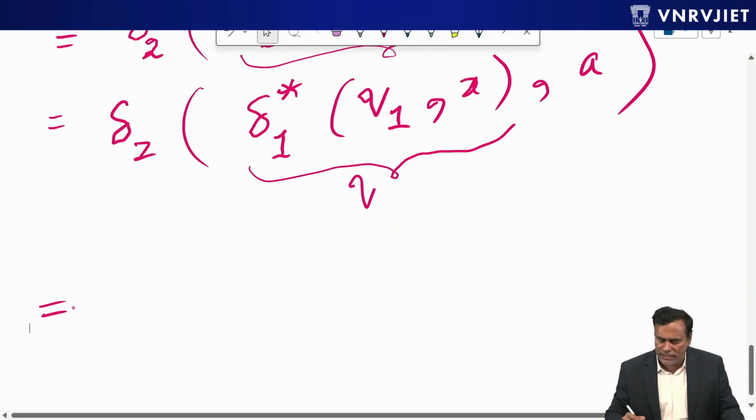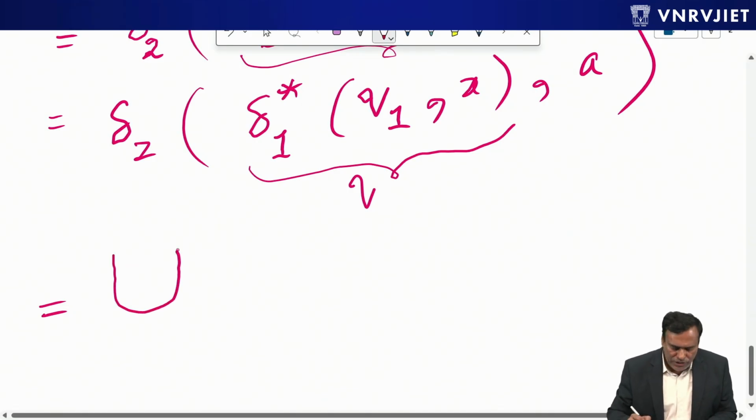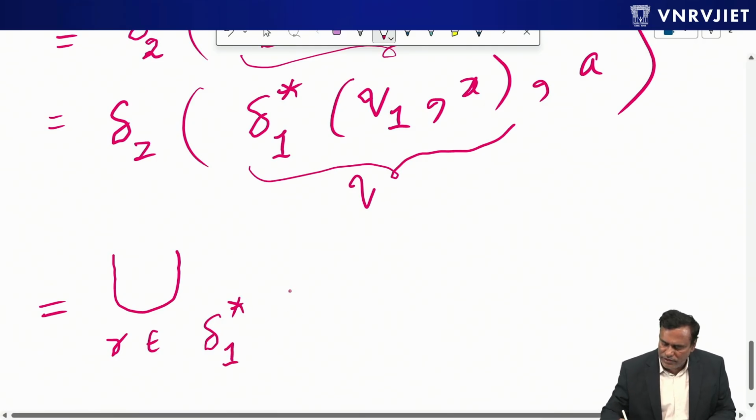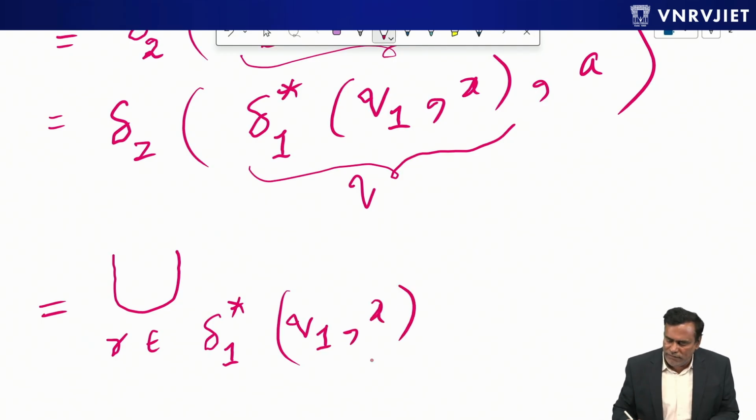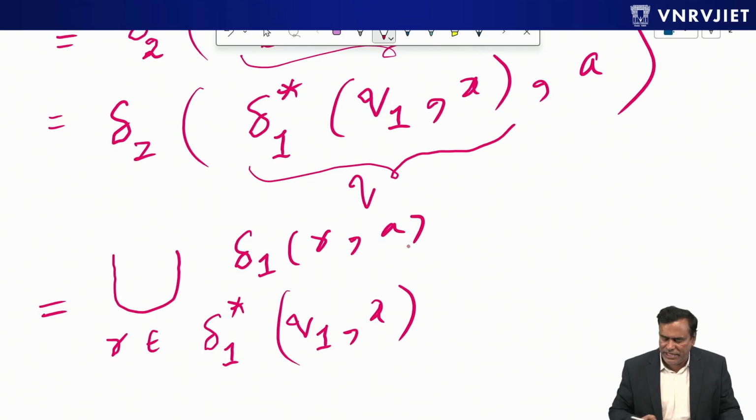First let me write, then later I can refer back. This is equal to union of R belongs to Q, in the sense this part, delta 1 star of Q1 X, delta 1 of R A. This is from equation B. I am just rewriting that.